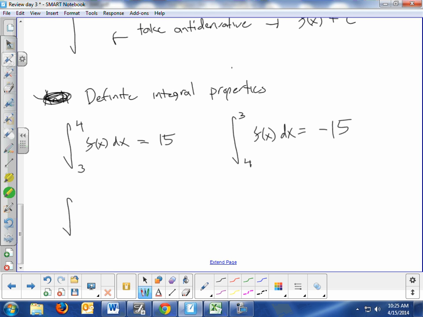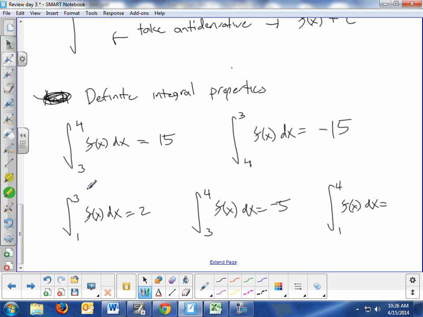And a common one used on the AP test is, say I know the integral from 1 to 3 of f of x dx is 2. I know the integral from 3 to 4 of f of x dx is negative 5. I could find the integral from 1 to 4 of f of x dx.